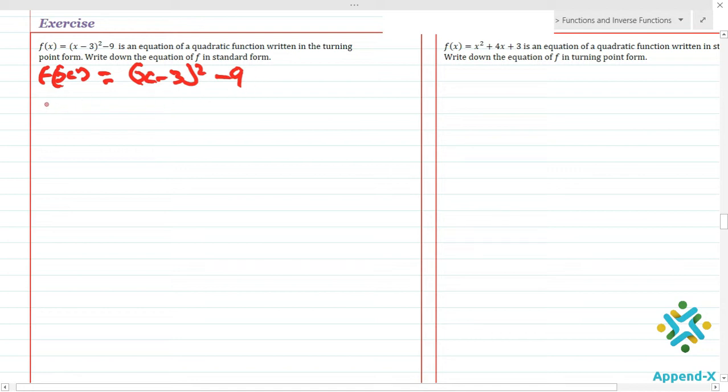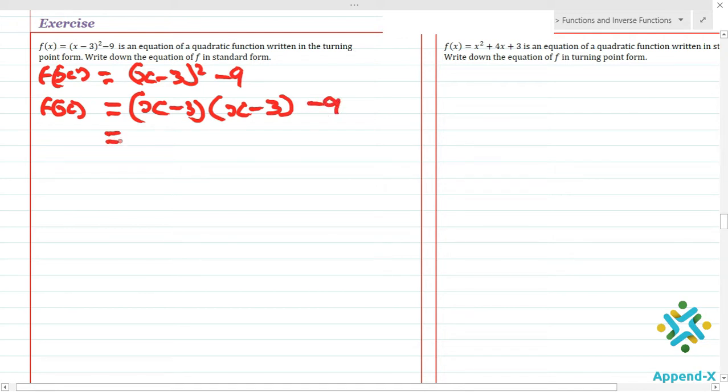Now f of x is equal to x minus 3 squared, which is the same as x minus 3 multiplied by x minus 3, minus 9. This gives us x squared minus 6x plus 9, and we also have a negative 9 here. Therefore, this is equal to x squared minus 6x, because 9 minus 9 is just 0.